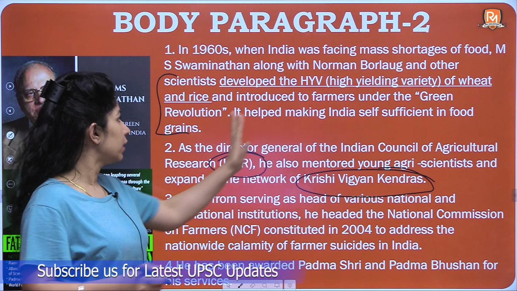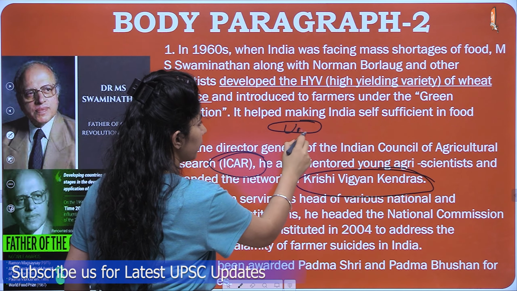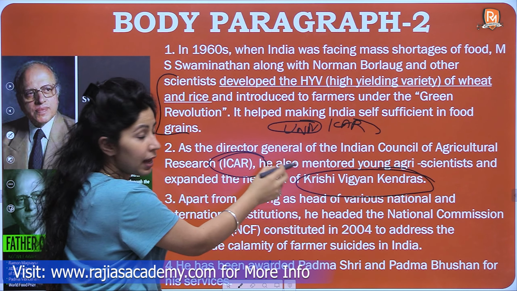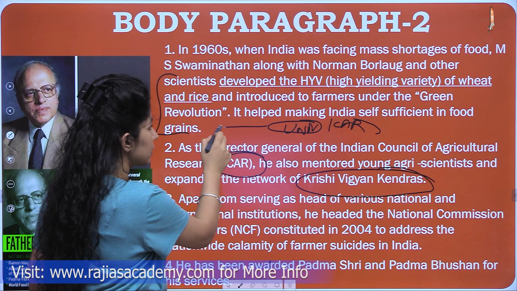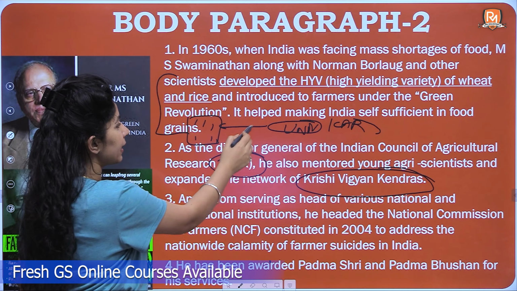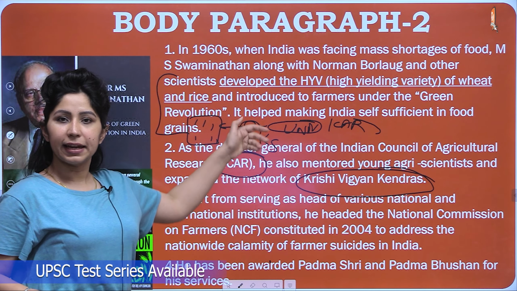And see, here you have, on one end, universities or ICAR working under research. How are they connected to the farmers in the growing crops? How are they connected? They are connected through these KVKs, Krishi Vigyan Kendras.